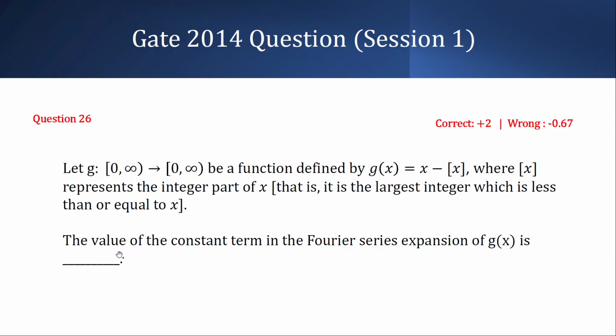I will tell you the essence of this line. Anyway, what you need to do is find the constant term in the Fourier series expansion of g of x. So what do you mean by constant term in Fourier series expansion? What is the question asking for?